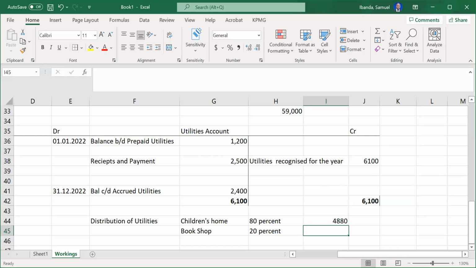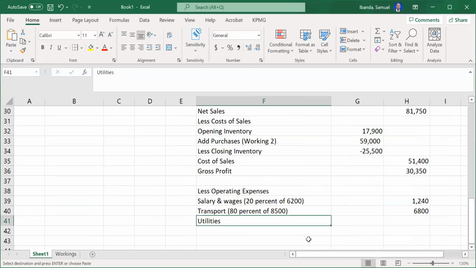And 20% times 6,100 gives me 1,220. So that is what I have. So in my profit and loss, I'll pick this. So I'll come here and say utilities, this value.